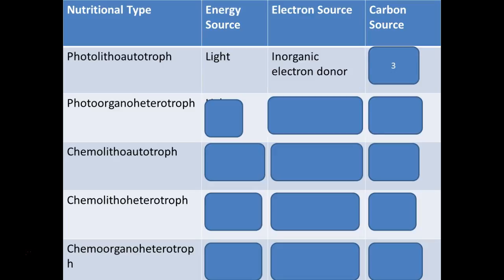Inorganic source of electrons. They're rock eaters, so imagine something not living. Their carbon source, if they're an autotroph, which is the next section of their name, they're getting their carbon from what? No, not the sun, but something in the atmosphere. Carbon dioxide.